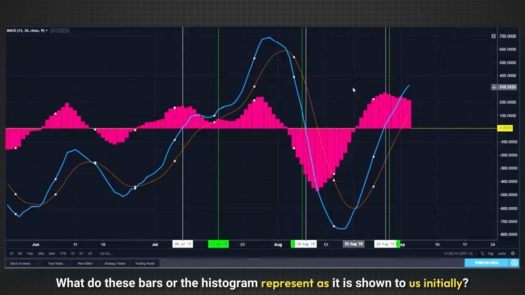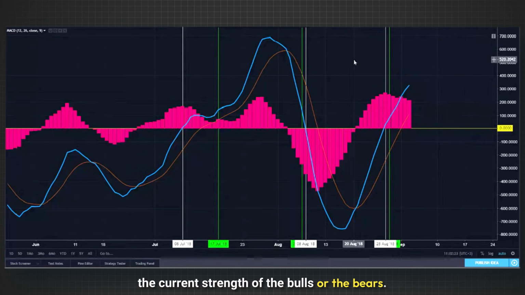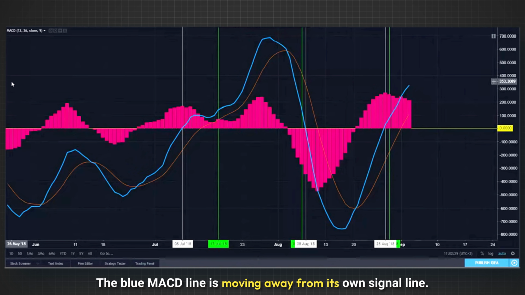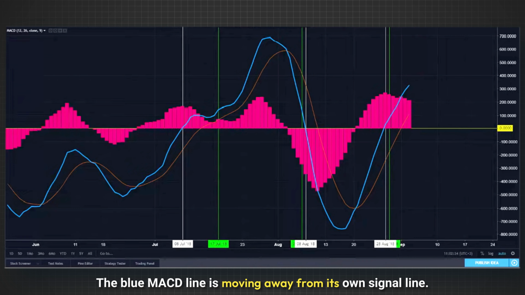What do these bars or the histogram represent as it is shown to us initially? The bars, or the histogram, represent the current strength of the bulls or the bears. That is, they represent the extent to which the blue MACD line is moving away from its own signal line.